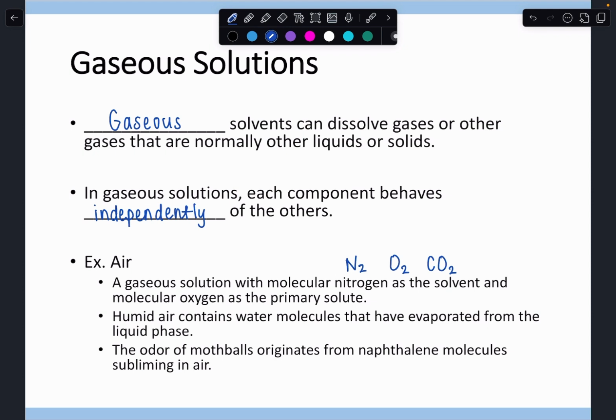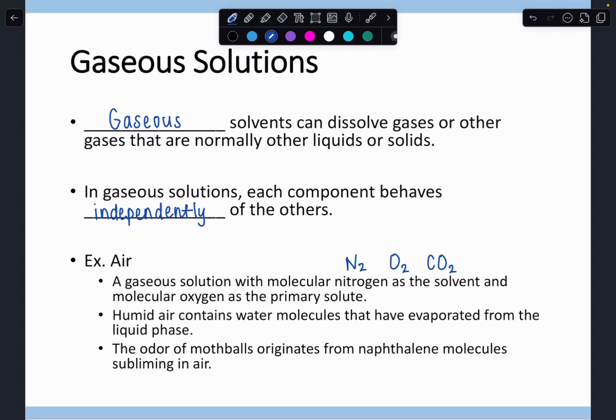When it's really hot and you feel that humid air, that is air with water molecules, so H2O molecules, that have evaporated from the liquid phase. So it is still H2O, but it is the vapor, water vapor, dissolved in the nitrogen atmosphere.